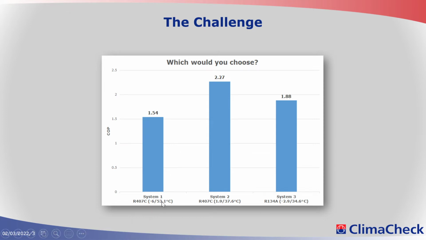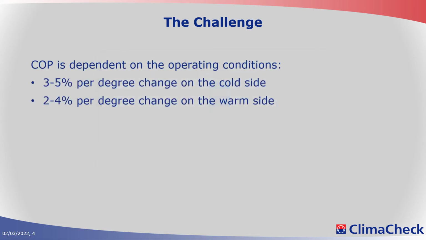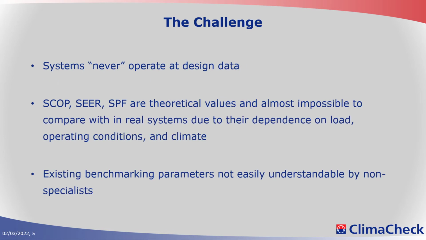In the same way, if we decrease the warm side to 37 degrees, the COP will increase. Now, this is a main challenge of the COP, that it is dependent on the operating conditions. And we need to know these operating conditions so that we can tell if the COP is good or if the system can operate better, if there are other systems that operate better in the same conditions.